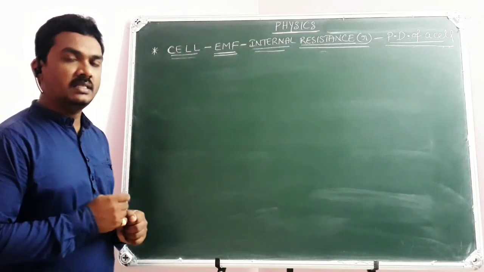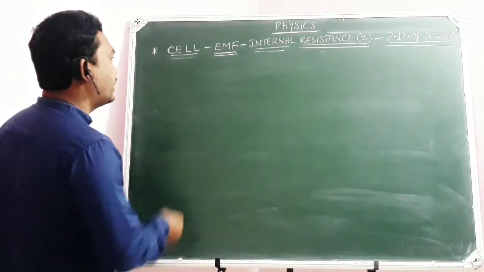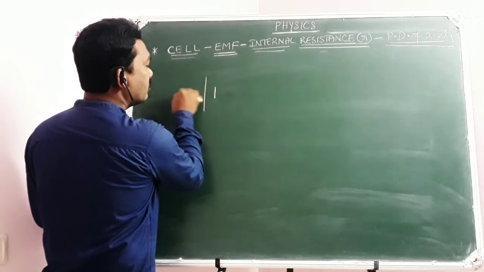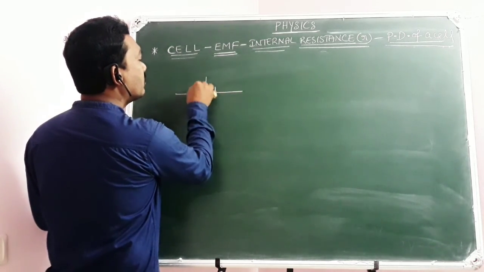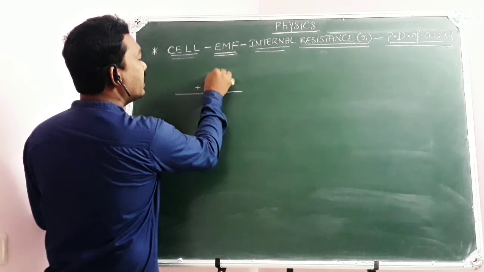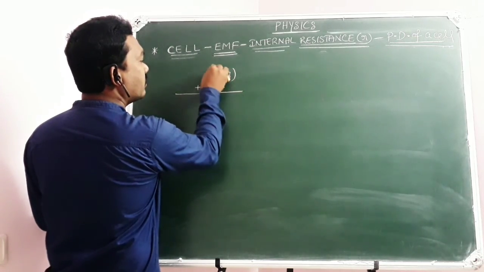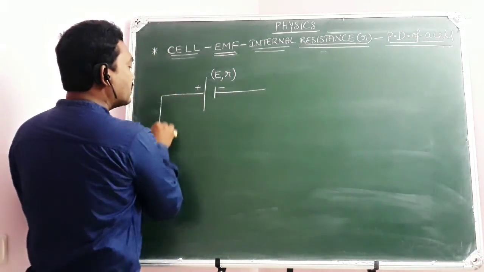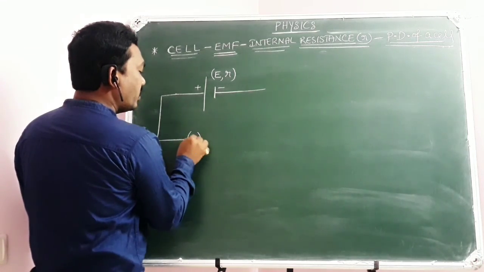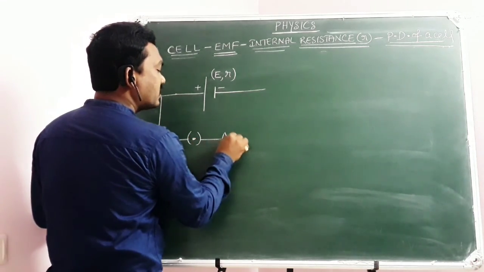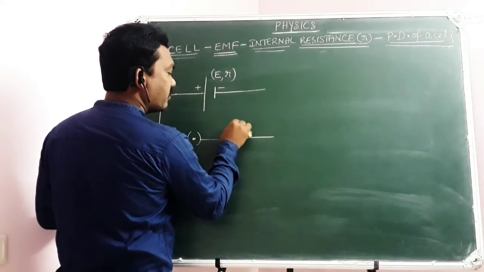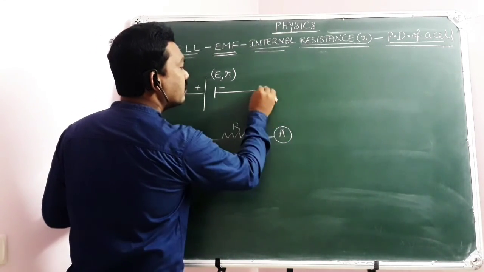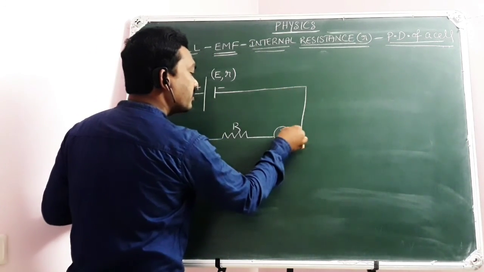Yes, once look at my example to get a little more mathematical application here. There is a cell whose EMF is E and internal resistance is r, connected to a conductor whose resistance is capital R through an ammeter in this way.